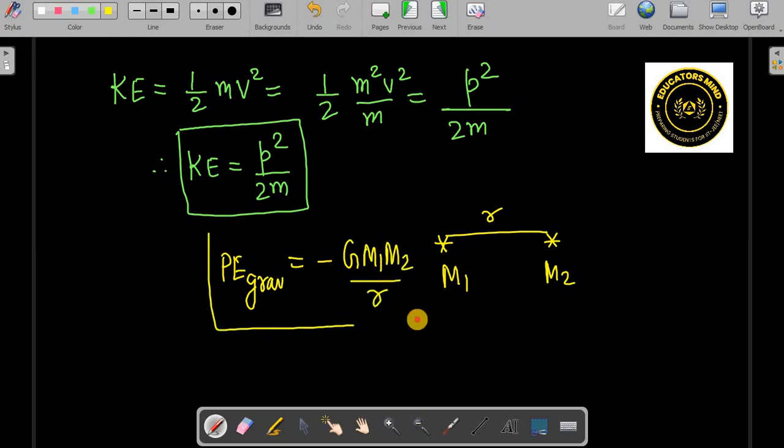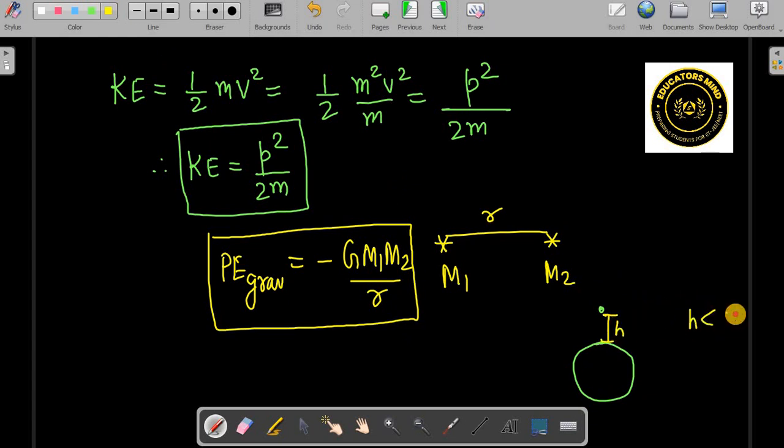Okay, this is the gravitational potential energy, but approximately, while considering the earth as one of the masses and the body kept at some height h from this, assuming h is much smaller than the radius of the earth, radius is r.